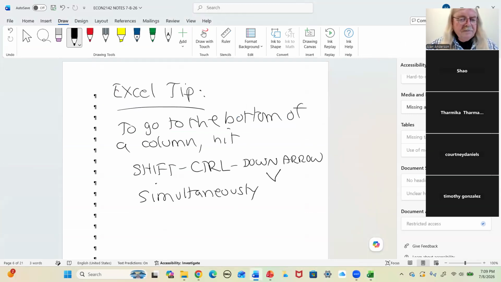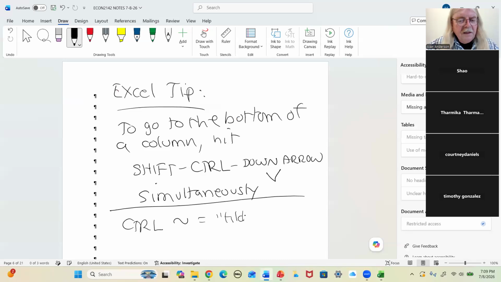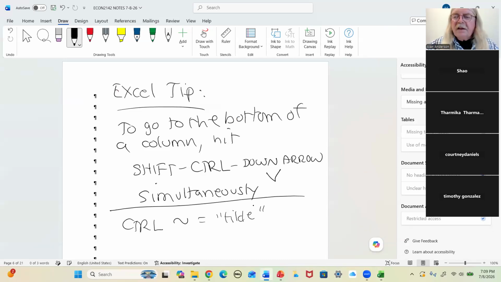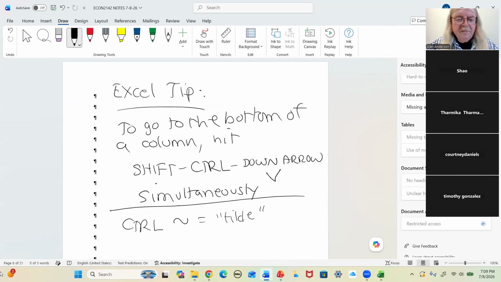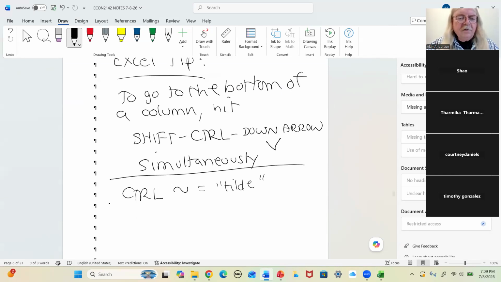Another Excel tip. The key, it's control plus this little key, which is actually known as tilde. You'll find it just to the left of your one key. This shows all formulas.